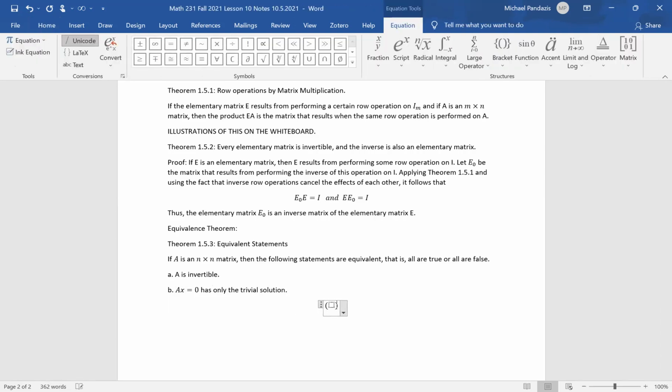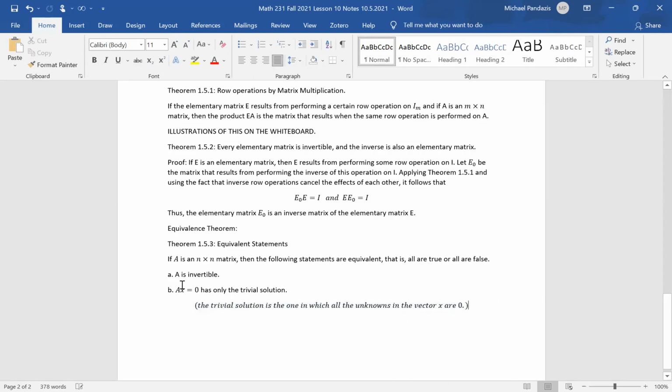Okay, to remind you, the trivial solution is the one in which all the unknowns in the vector X are 0. Okay, even though the equation AX equals 0 is a matrix equation. A is a matrix, but X is also a matrix. X is a column vector where its components are unknowns.